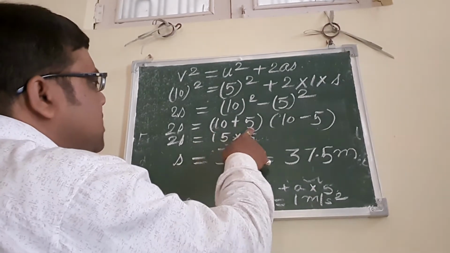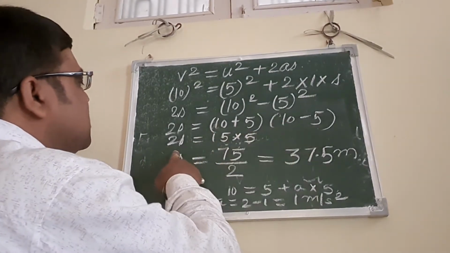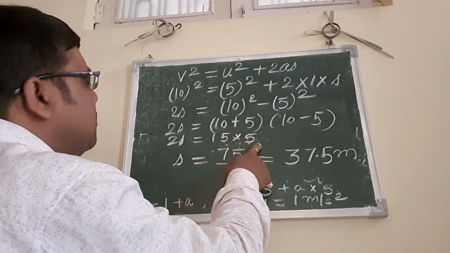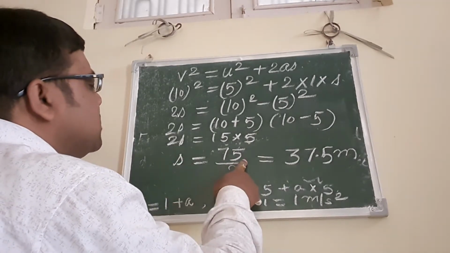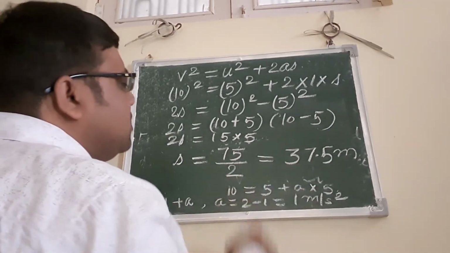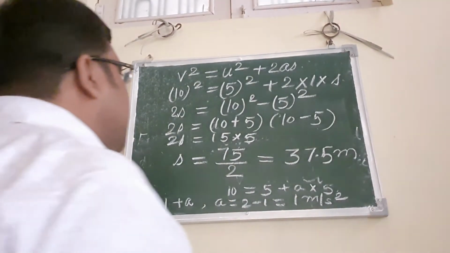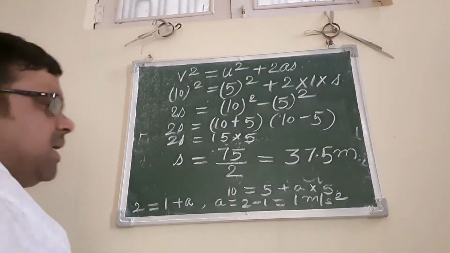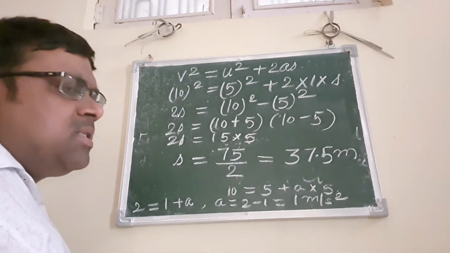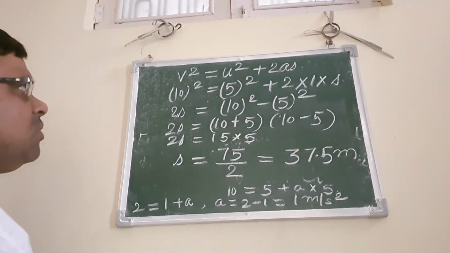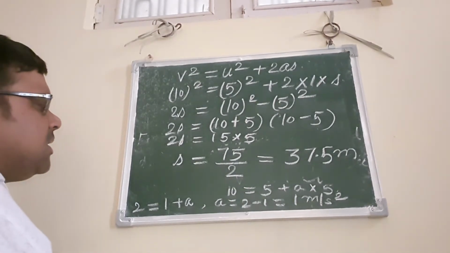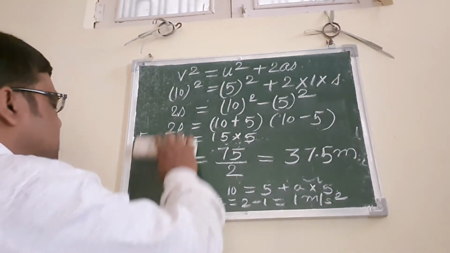So it is 10 plus 5, 10 minus 5. So 2s is equal to 15 into 5. s is equal to 75 upon 2 equal to 37.5 meters. So this is our answer. I think you might have all understood this. So we are proceeding to the next question.